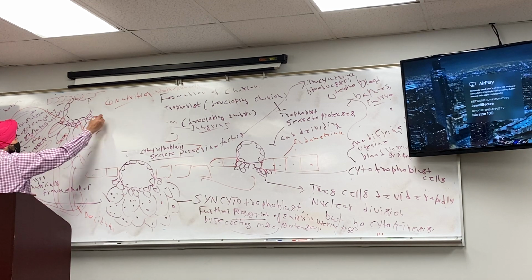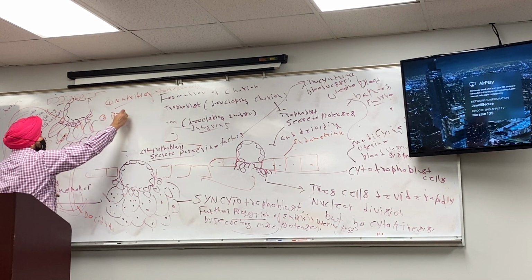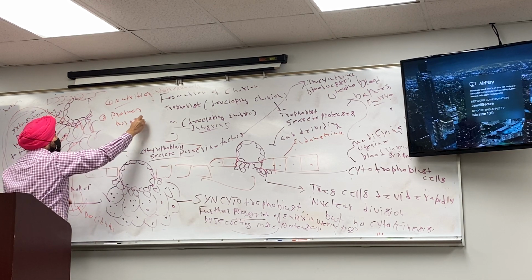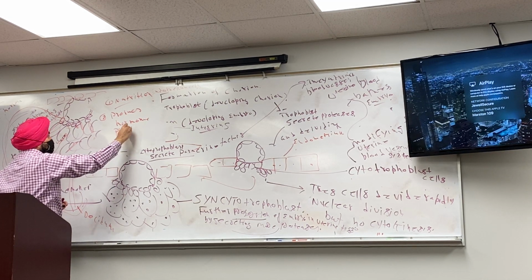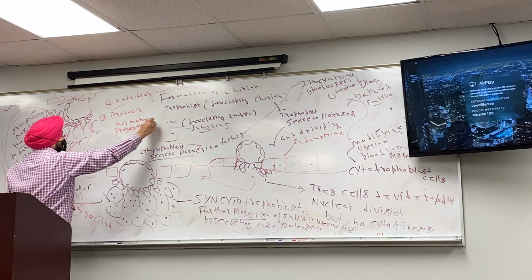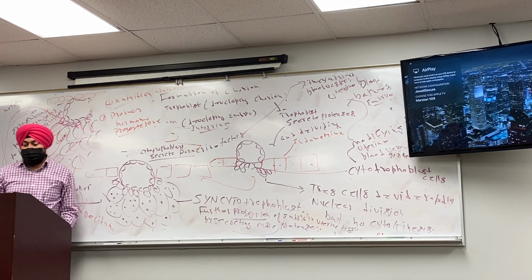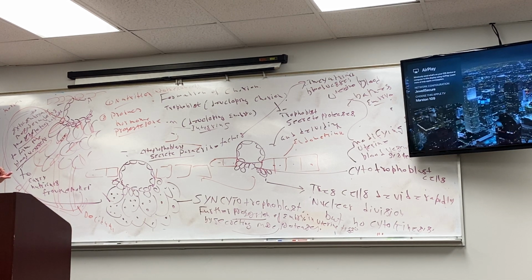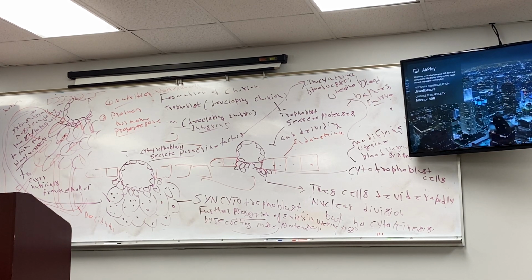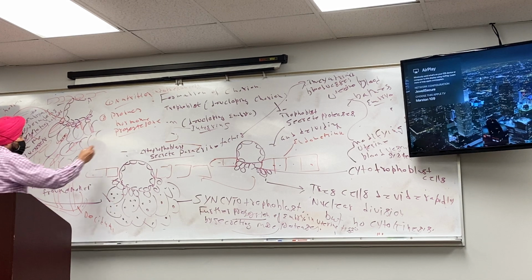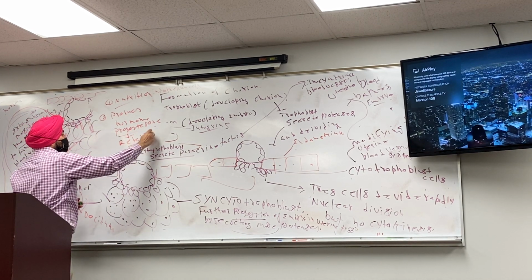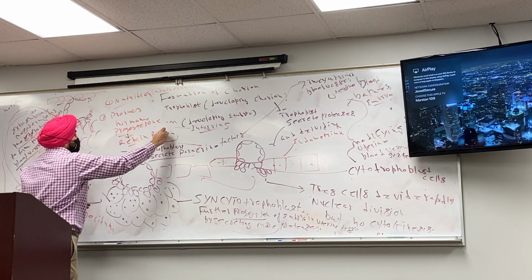Number two, it produces a hormone, and that hormone is progesterone. And what is the purpose of progesterone? Progesterone tells the uterus to retain the pregnancy. That was the initial thing, to retain the pregnancy. So progesterone retains pregnancy.